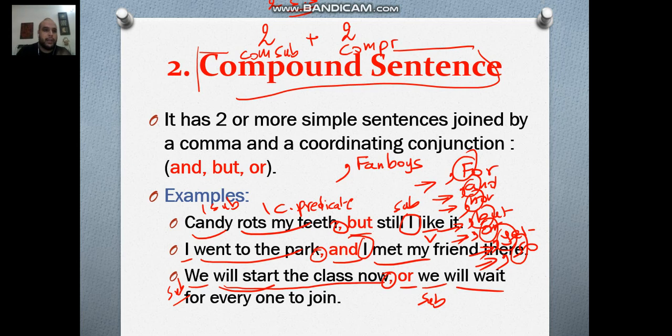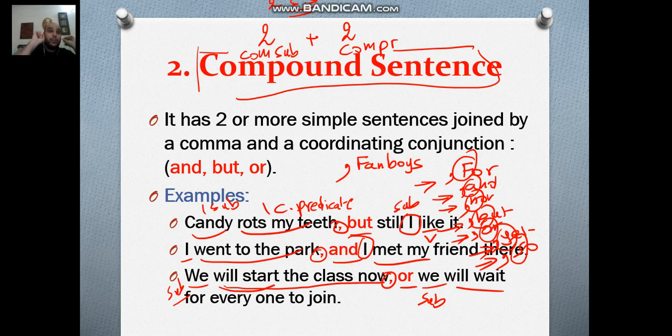But still I, subject, like it. Here I have another verb, which is like. So I have two subjects, two verbs linked by a comma and one of the FANBOYS. Very good, that's the formula. It's a compound sentence.